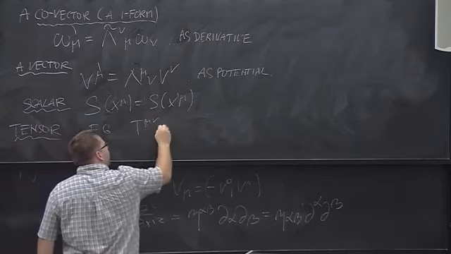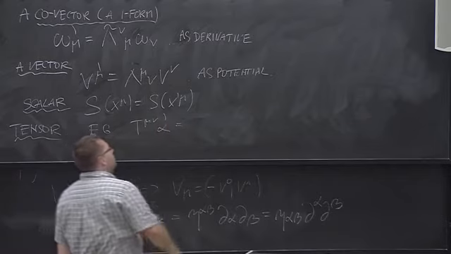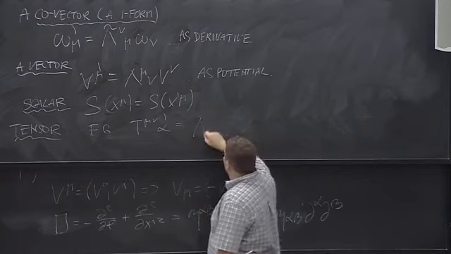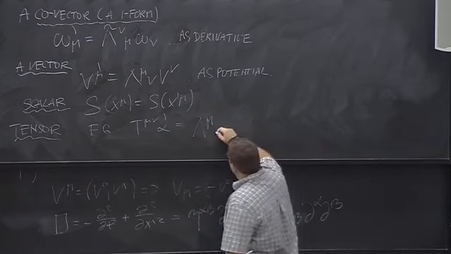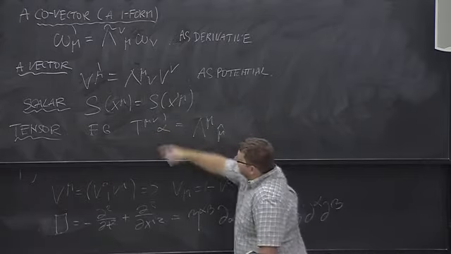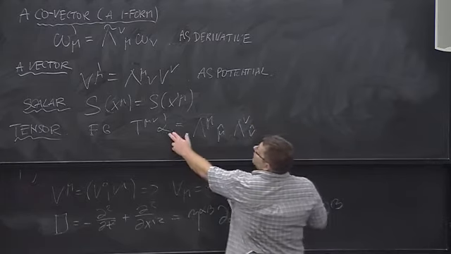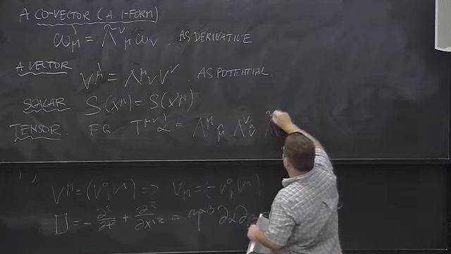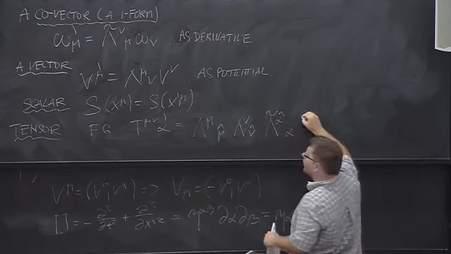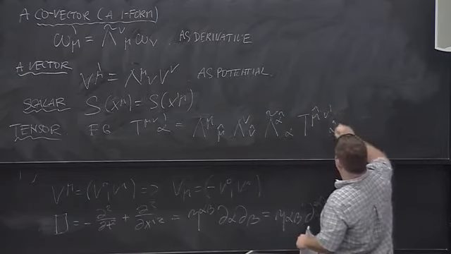So for example, T mu nu alpha, then T mu nu alpha prime will be, so this index transforms as a vector, so you'll have lambda mu mu hat, and this transforms as a vector, so lambda nu nu hat, and this thing transforms as a covector, so lambda tilde alpha hat alpha, and then you have T mu hat nu hat alpha hat.